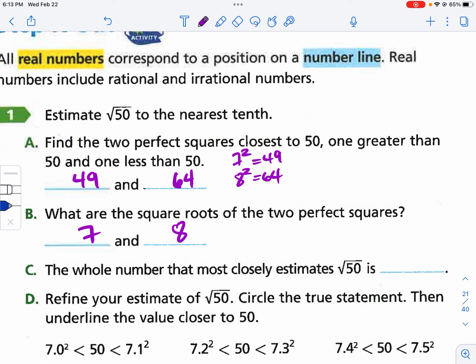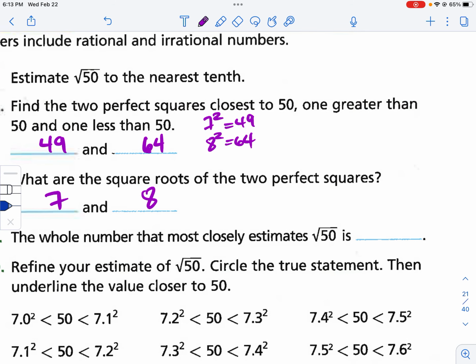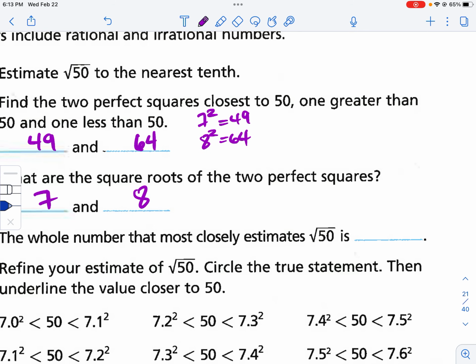What are the square roots of those two perfect squares? 7 and 8. The whole number that most closely estimates the square root of 50 would be 7, because 49 is what is closest to 50.